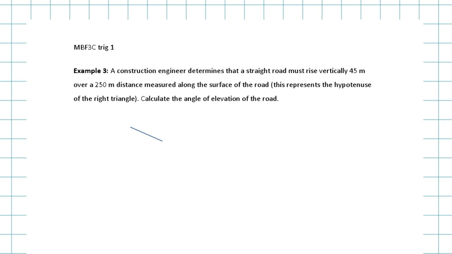So let's say this is your road. This is your road, it's inclined. So what is the measure of this line? I'm going to draw a triangle. What's the measure of this line? 250. It does say that 250 is the hypotenuse.